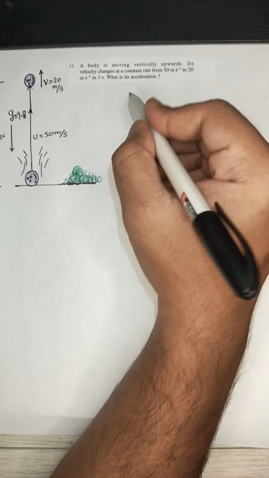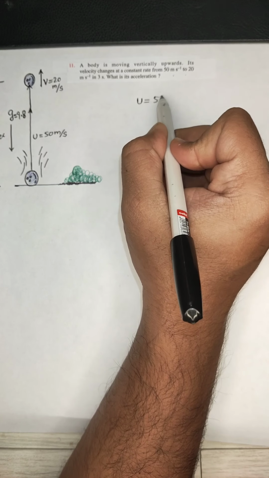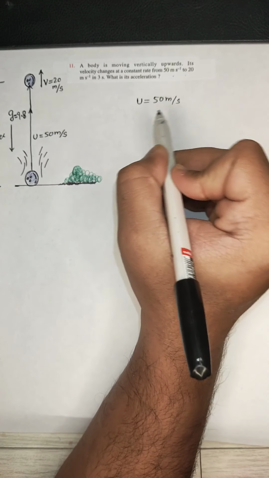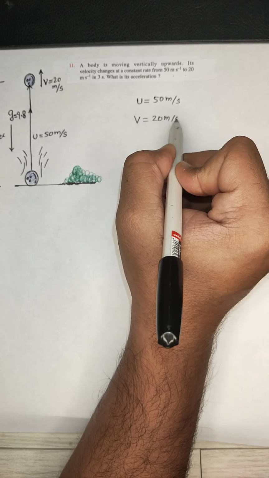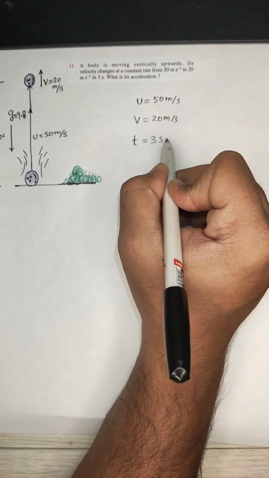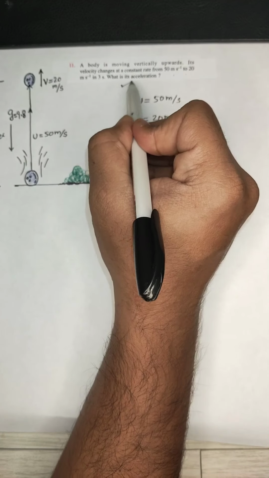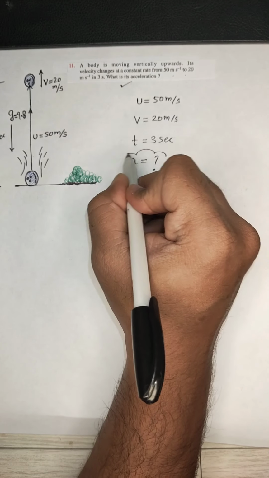So we have the initial velocity as 50 meters per second, the final velocity as 20 meters per second, and the time taken to perform that motion as 3 seconds. Then they are asking for the acceleration. So what is the acceleration?